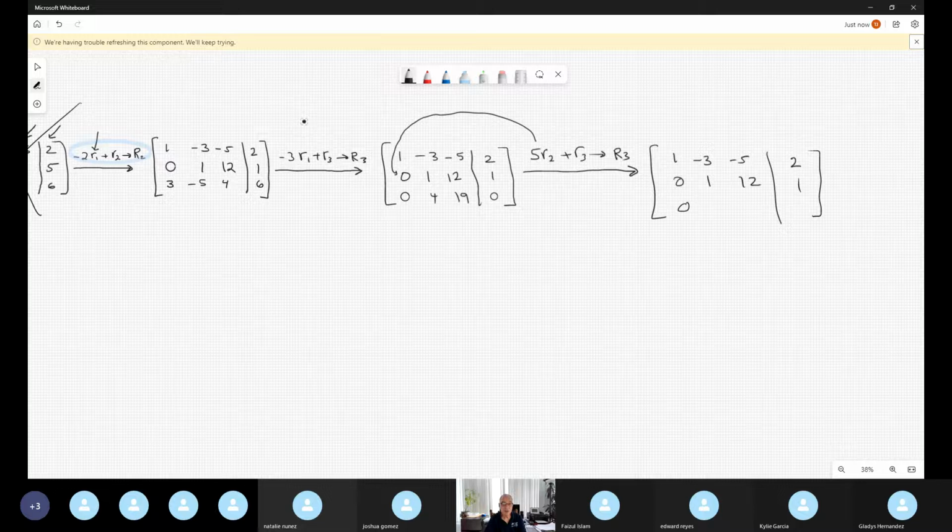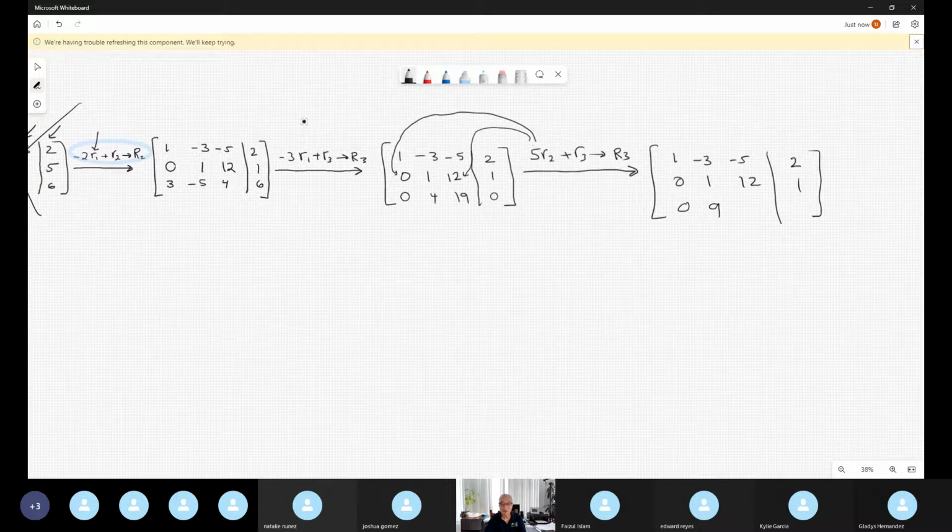And you multiply 5 times 1 is 5, plus 4 is 9. And 5 times negative 5 is negative 25. It's negative 25. Wait. 5 times 12, I tried to multiply, no, it's row 2. 5 times 12 is 60.